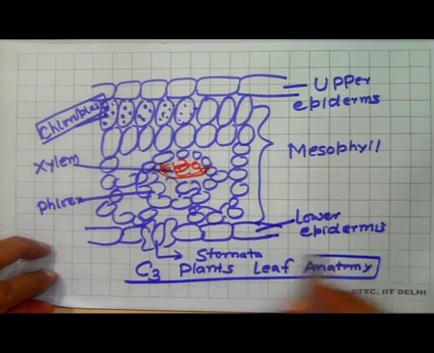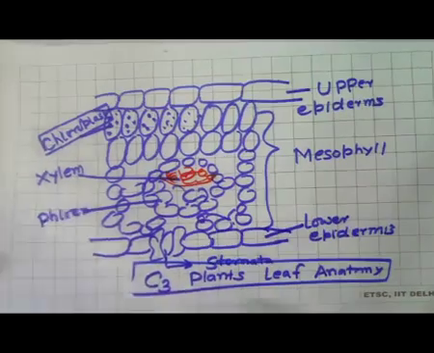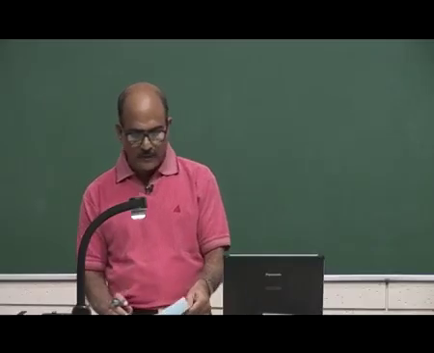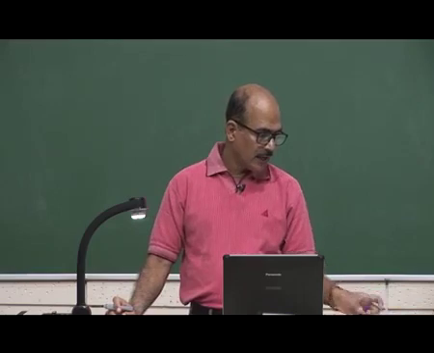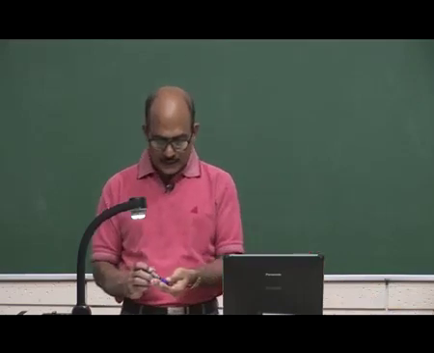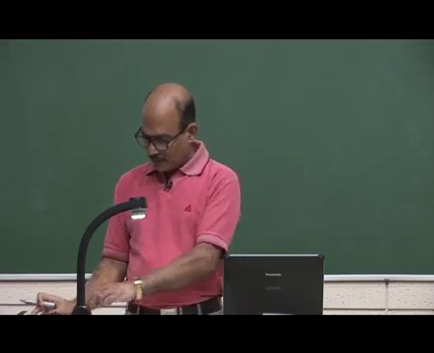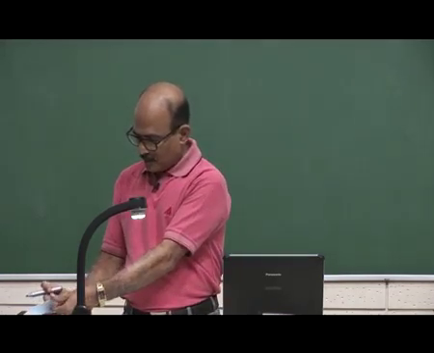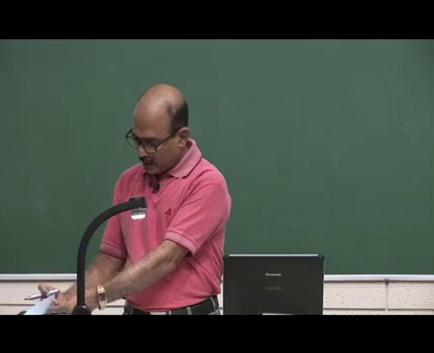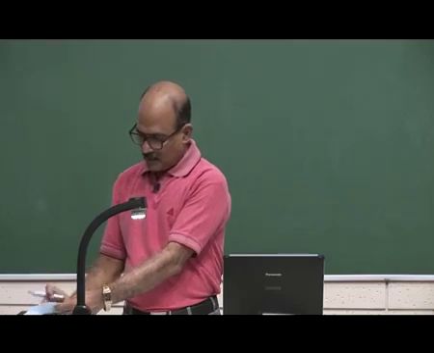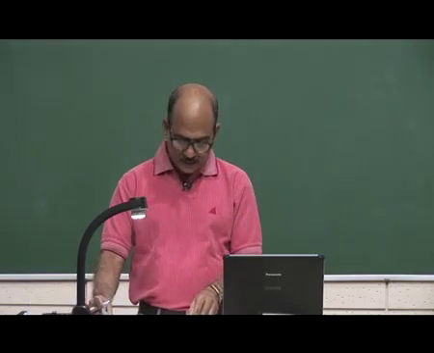Now, Hatch and Slack found that in a C4 plant the anatomy of the leaf has certain specializations. This type of leaf anatomy is called Kranz anatomy. Here is the structure.